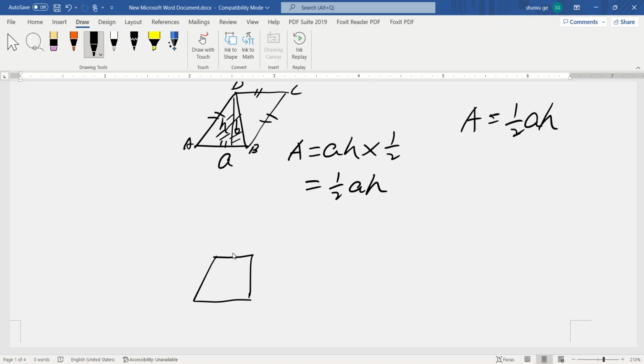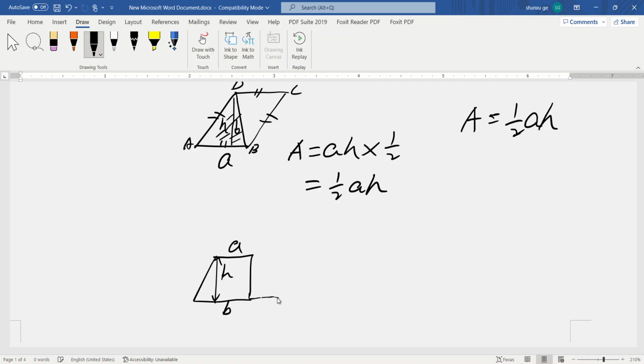This ladder shape. This is called A. This is called B. This is H. This is the upper base and this is the lower base. How do we calculate this area?